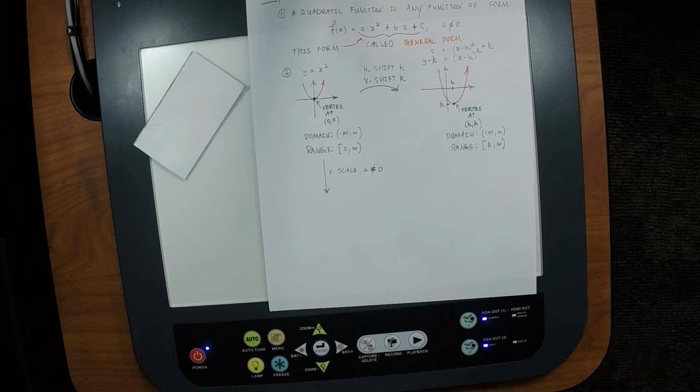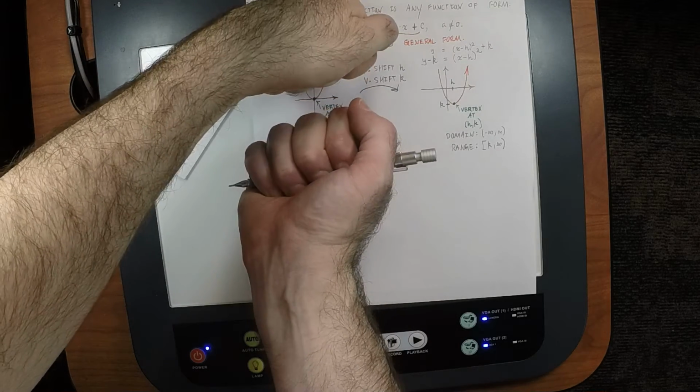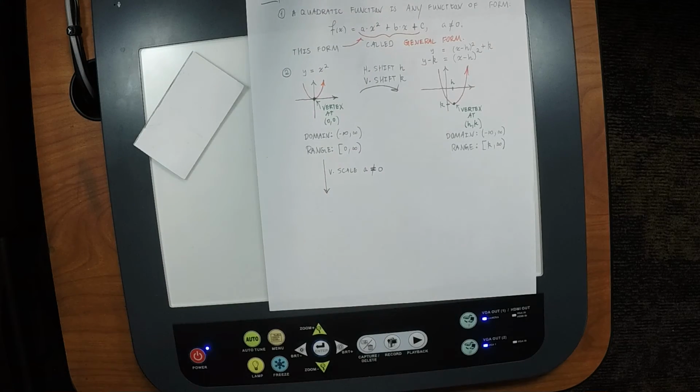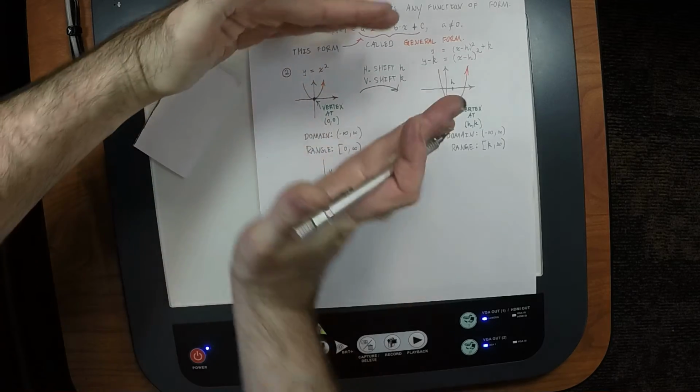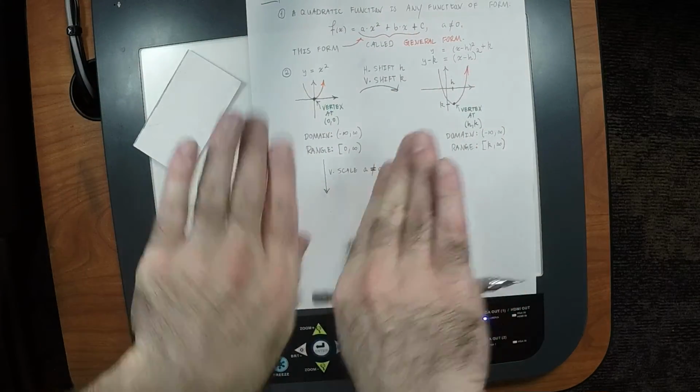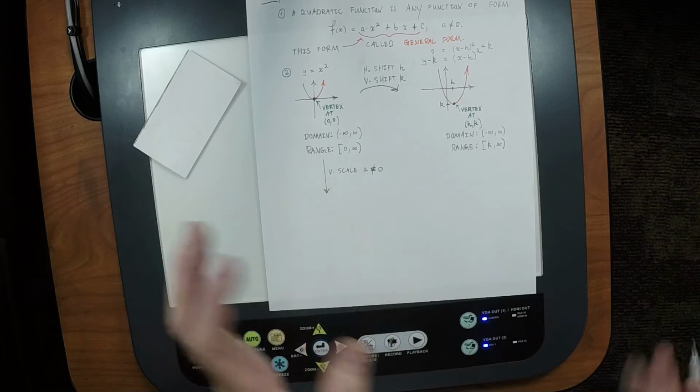So now we've got to break down the various possibilities. If a is like 2, that would mean that we're going to end up taking the parabola and sort of stretching it out. It's going to be tall. If a is half, then that's going to mean that we sort of mash it like that, and it's going to be a shallow parabola. Still going to be a parabola, but shallow.